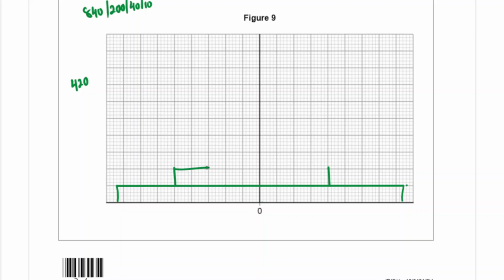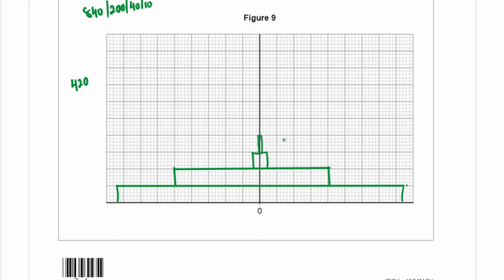Then draw a straight line. Then 40, so 20 on each side, that's 2 boxes on each side. And then 10, so that's half a box on both sides.